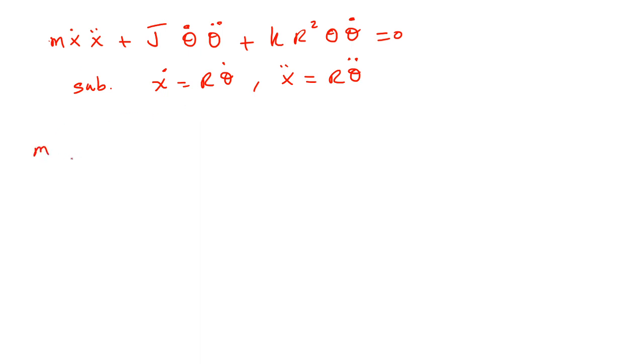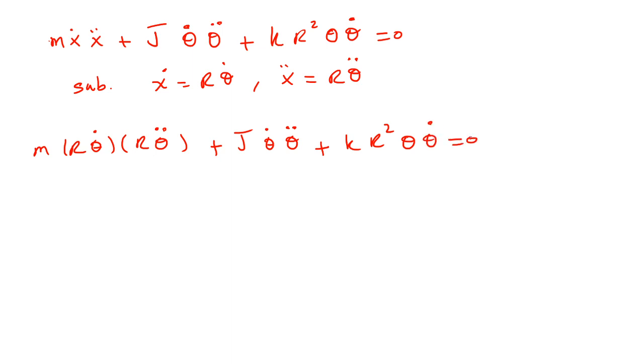So this will be m r theta dot times r theta double dot, plus j theta dot theta double dot plus k r squared theta dot equal to 0.